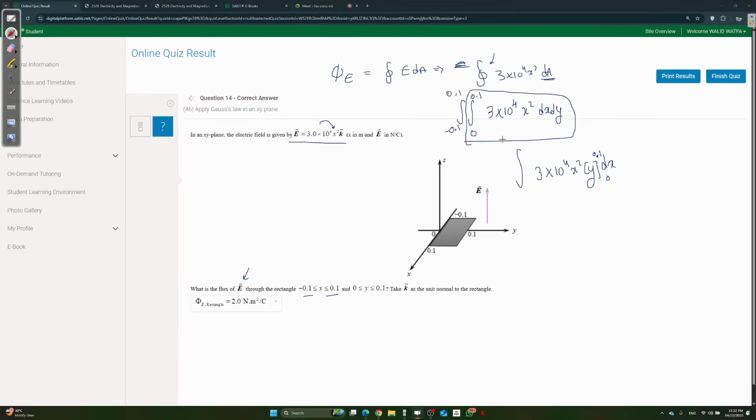Now we finished this integral, so we're left with the x integral. Now this y, from 0 to 0.1, isn't it 0.1 minus 0, which is 0.1? Yes. So we change it to this integral, negative 0.1 to 0.1, of 3 times 10 to the power of 4 x squared times 0.1 dx. Now this times this gets you this.